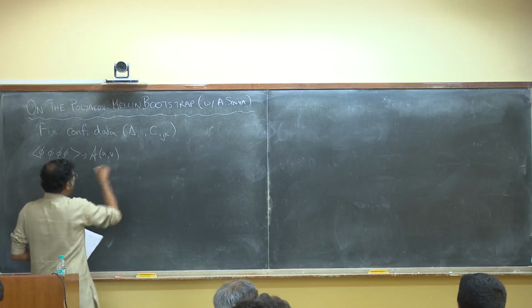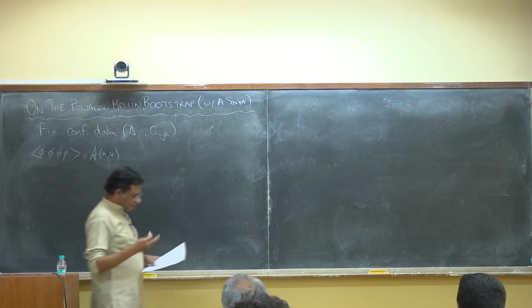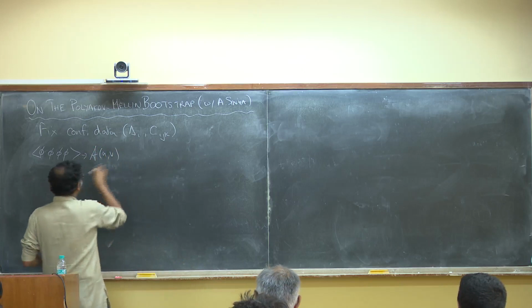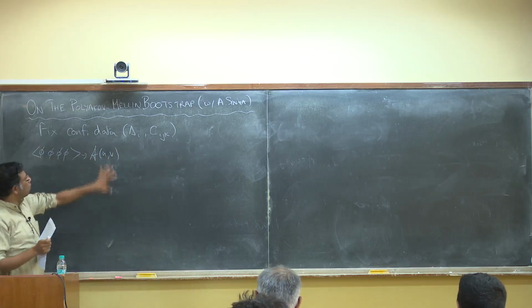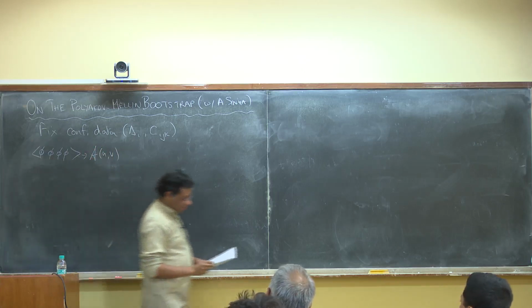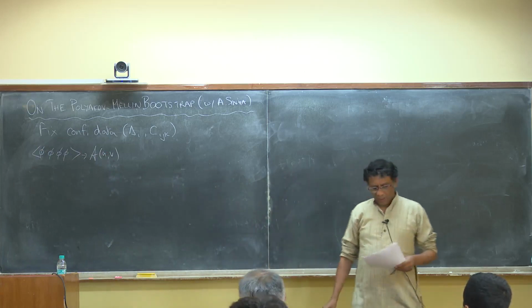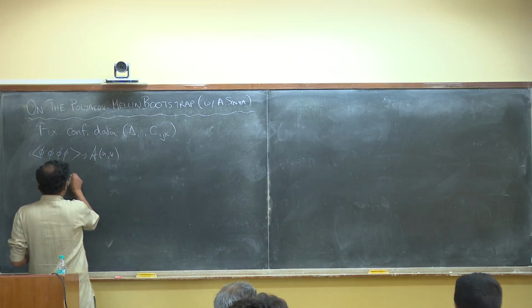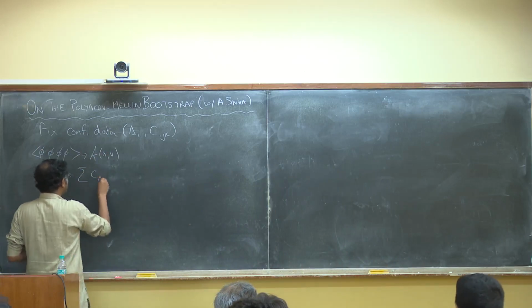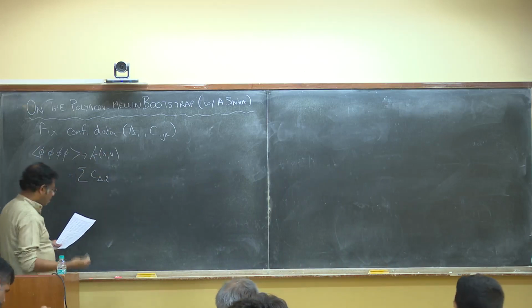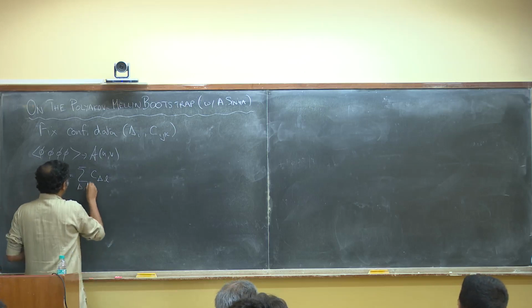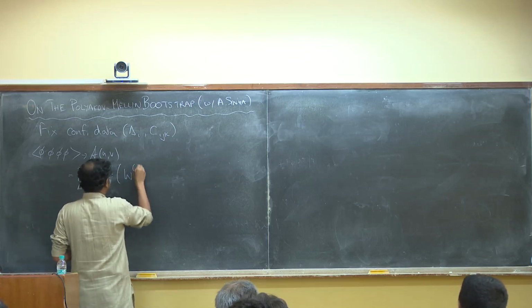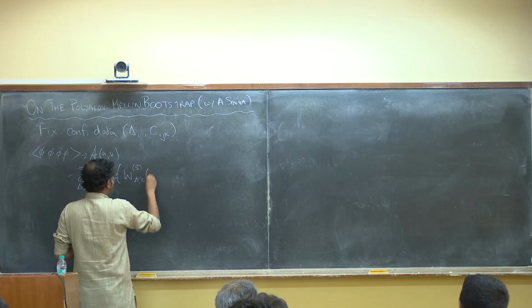So the basic object, with which all of you are familiar, is the non-trivial part of the 4-point function as a function of the two cross ratios. The ansatz following Polyakov is to write this, and I'll write it now in position space.